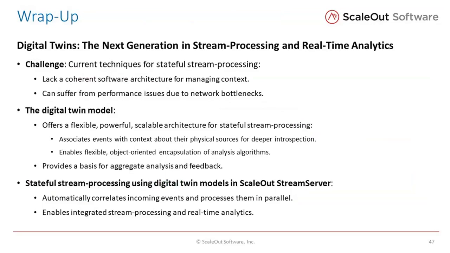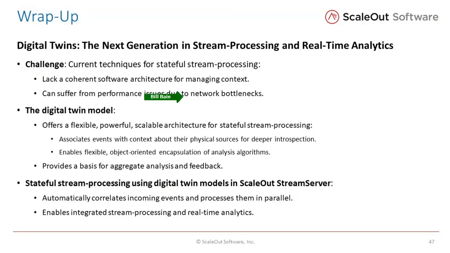So to wrap up, we're seeing here how digital twins can provide a next generation set of capabilities for stream processing because they're addressing the challenges that we saw for stateful stream processing, namely the lack of a context or a data store for managing context and an efficient way to manage that context so that we avoid network bottlenecks.